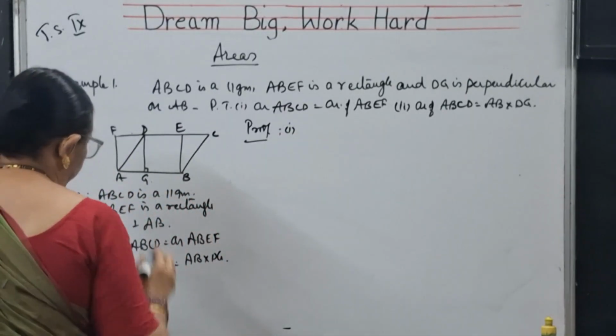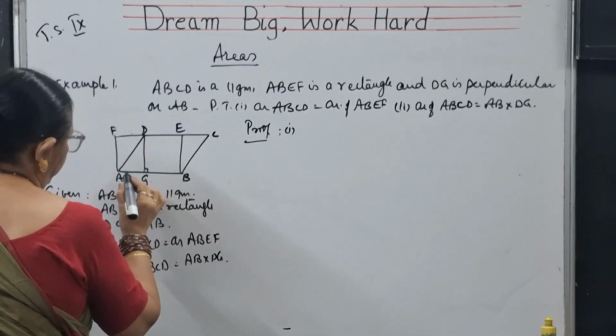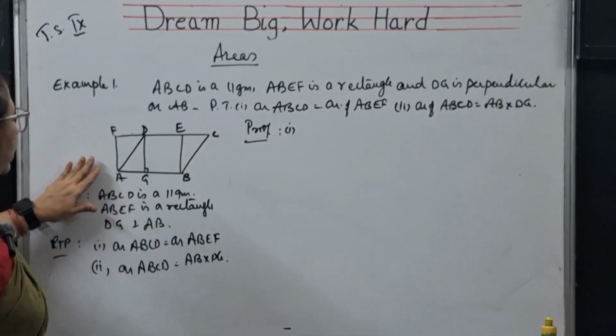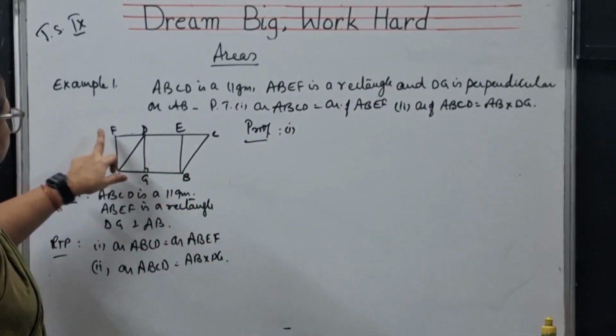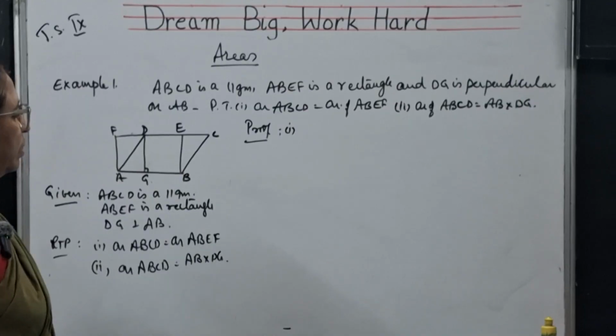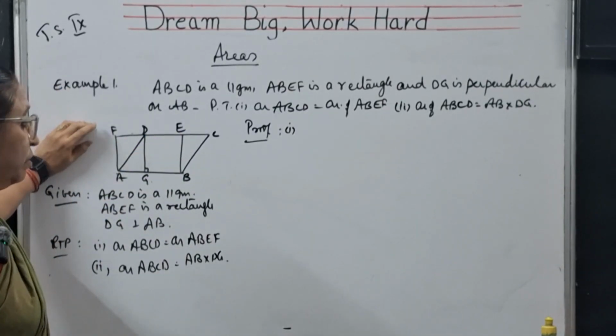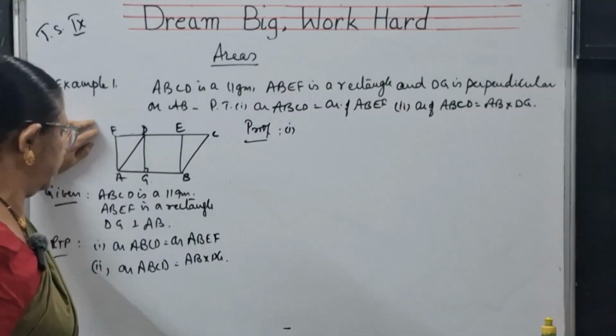Say children, ABCD and ABEF. These two are lying on the same base AB and in between the CF. Even though ABEF is a rectangle, it is also considered as a parallelogram.